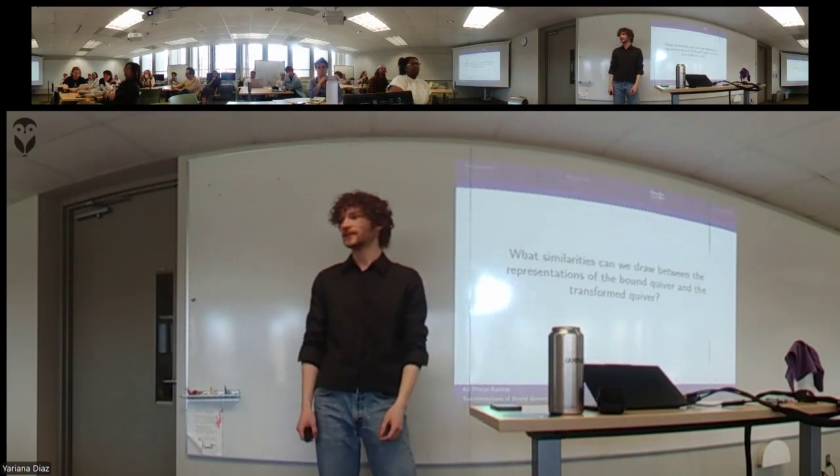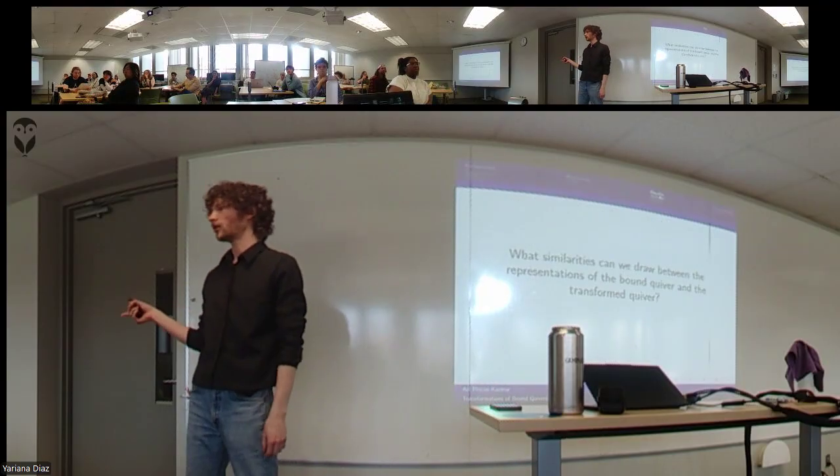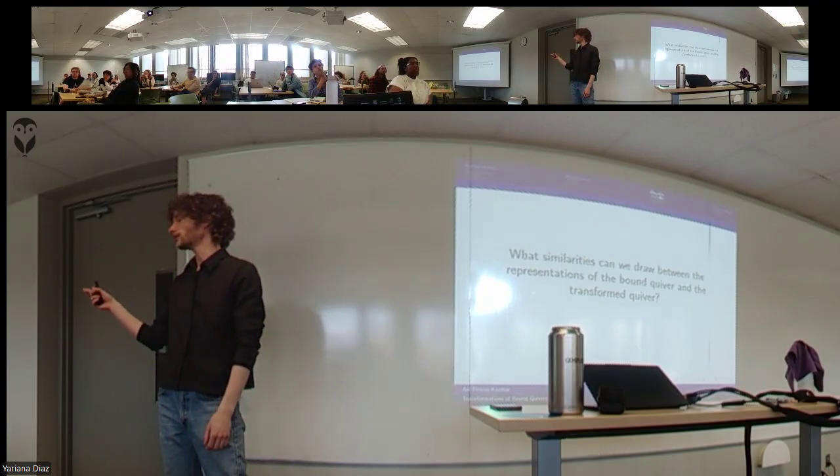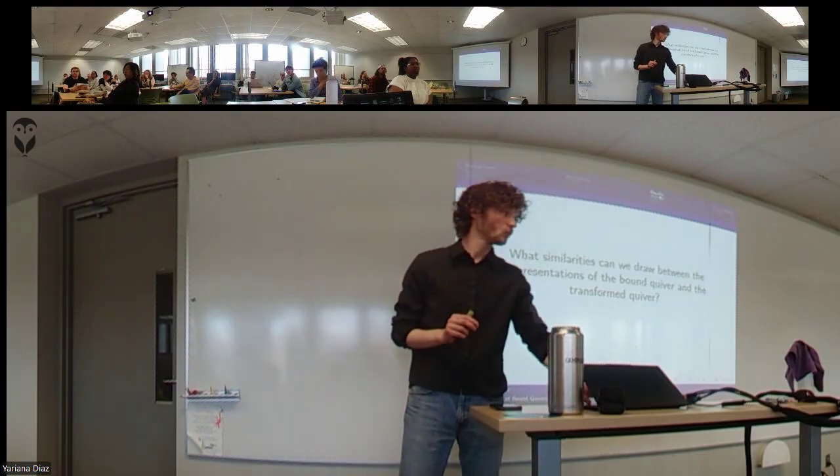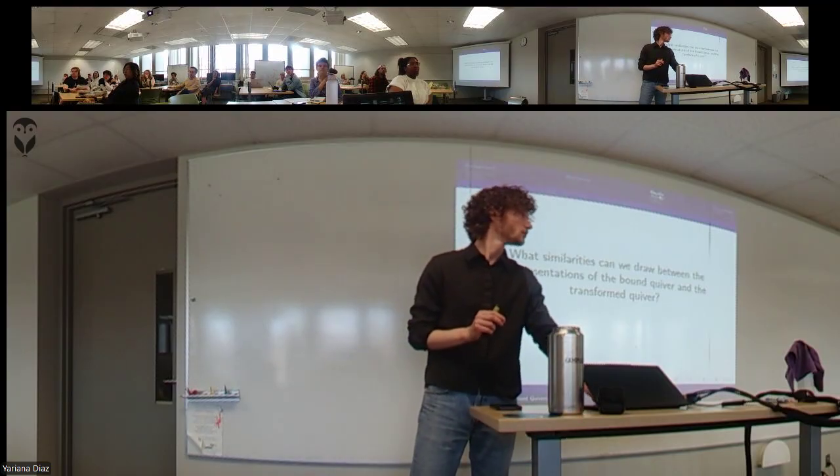And our main question is, what sorts of similarities can we draw between the representations of the bound quiver and the representations of the transformed quiver? We're going to answer this in two different ways.